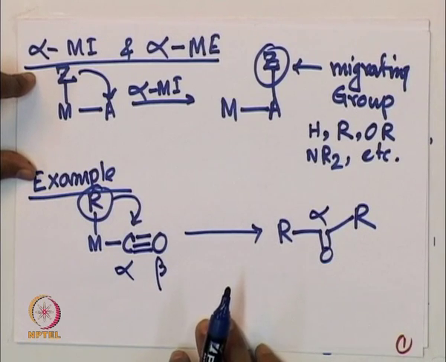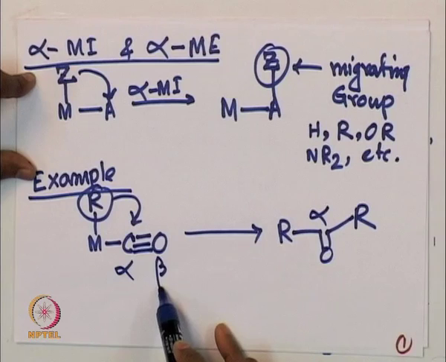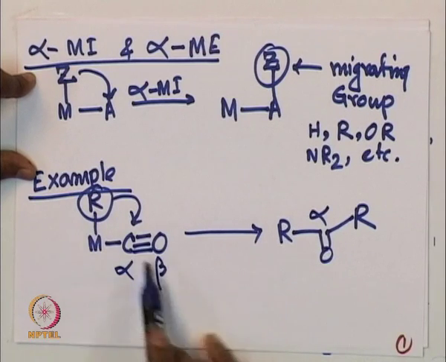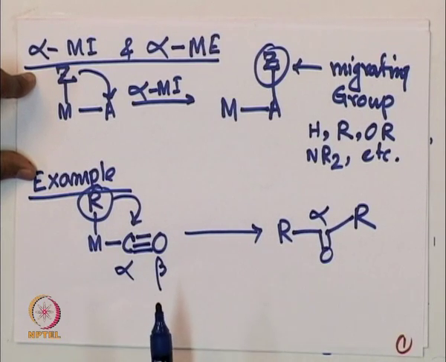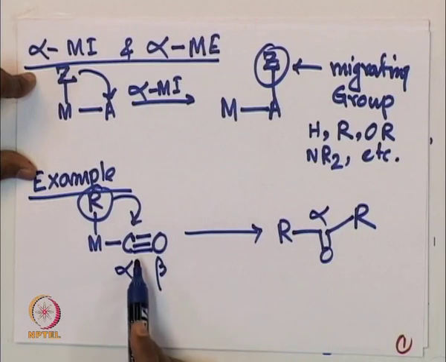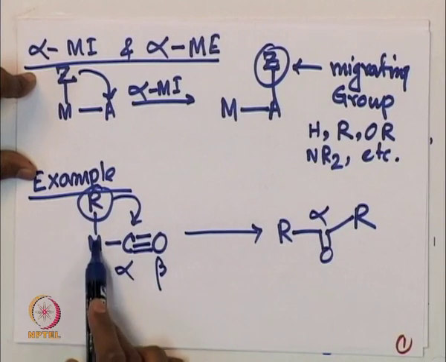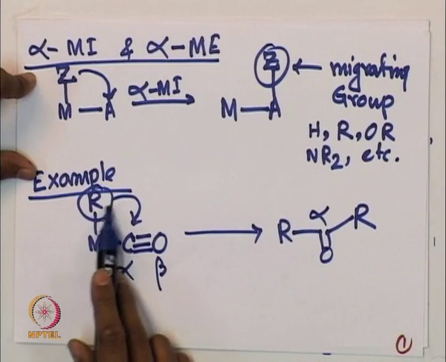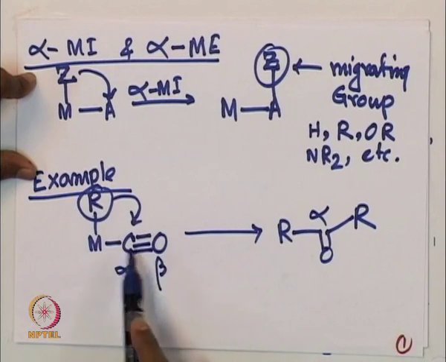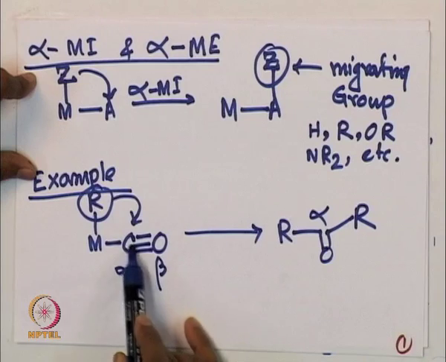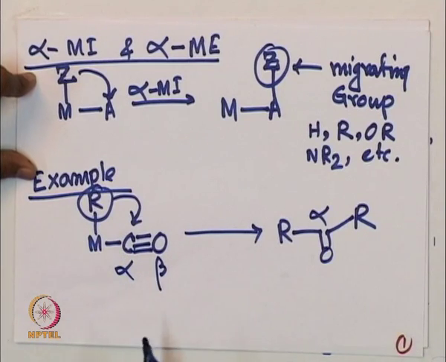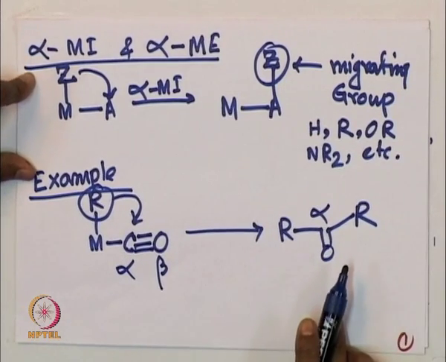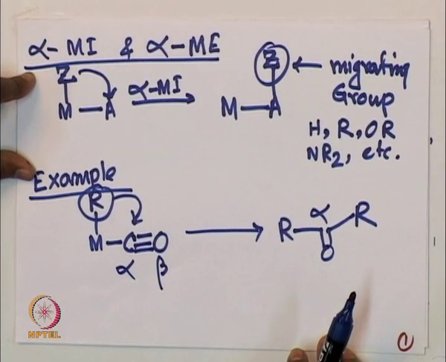Now, of course, there is a beta migratory insertion when you will see that the R group is migrating at the beta position. Of course, one can argue whether it is insertion into the M-R bond or the migration of R. So, R can migrate or CO can go and insert. So, we will discuss with an example what is the usual way of doing things in this case.